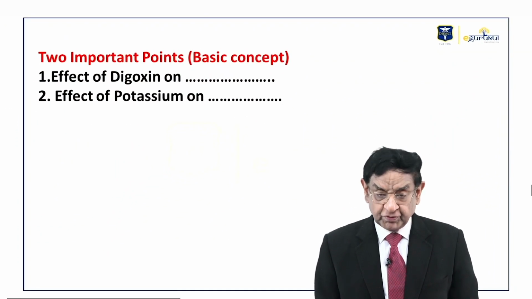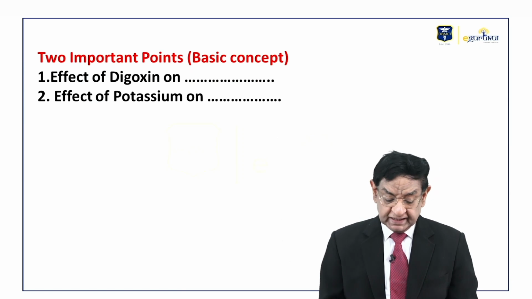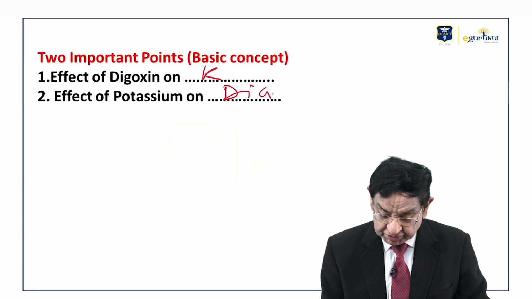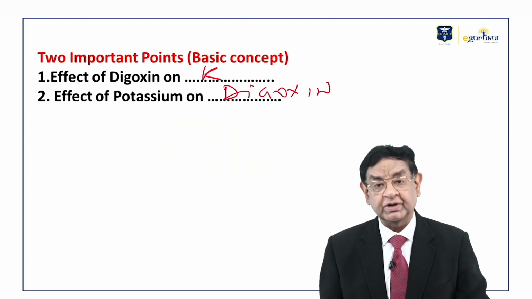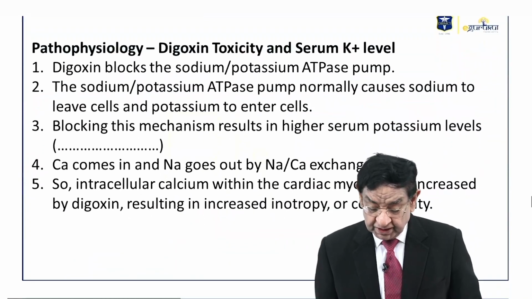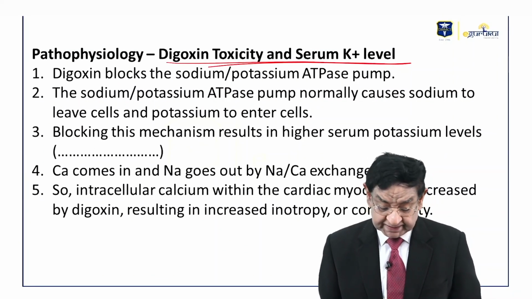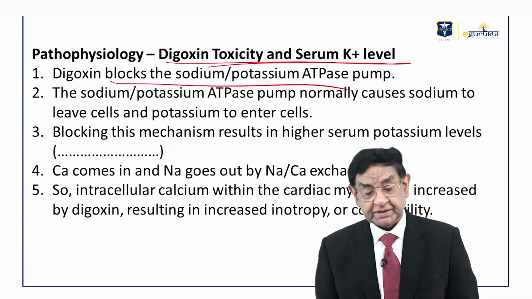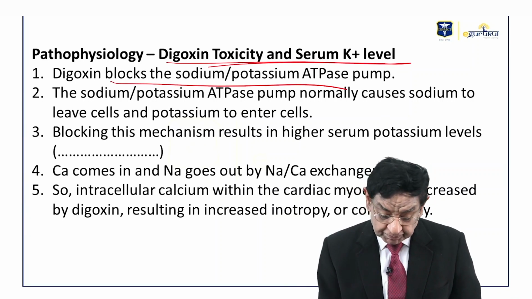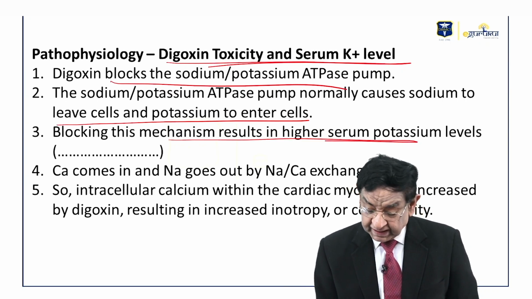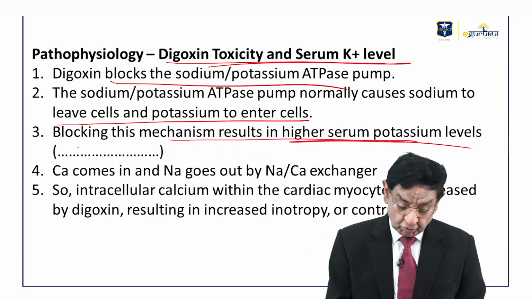Before I discuss this question in detail, let's learn the effect of digoxin on potassium and the effect of potassium on digoxin. There are two basic concepts you have to understand. Digoxin toxicity and serum potassium level: as I told you, it blocks sodium potassium ATPase, potassium is not able to enter the cell, and that leads to higher serum potassium level, so-called hyperkalemia.